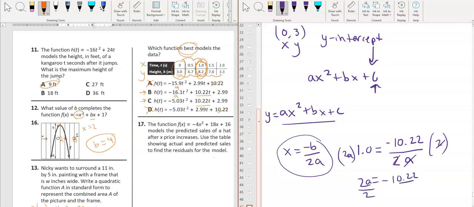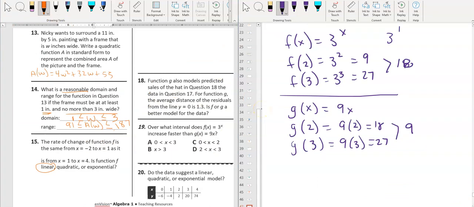Then I'll divide by the number 2, and I'll get that a is equal to negative 5.11. So having this information, again, we're looking at closest. It makes more sense that C is our answer because it is closer to the value of A that we received than the negative 16.1. So C is our answer.